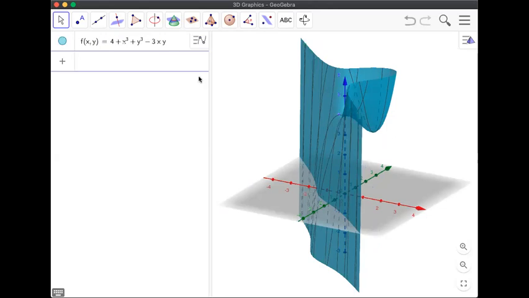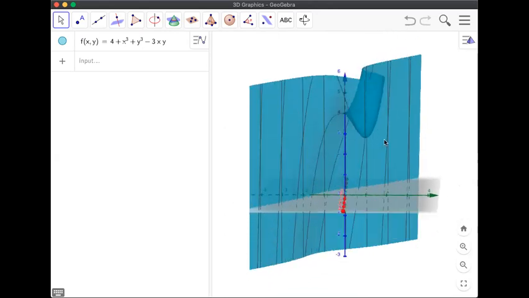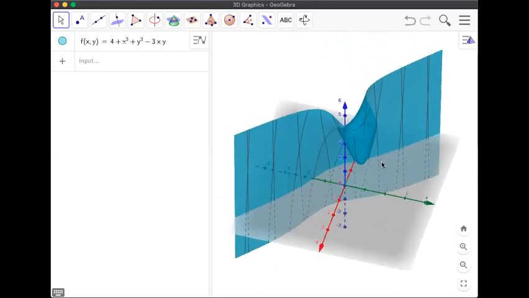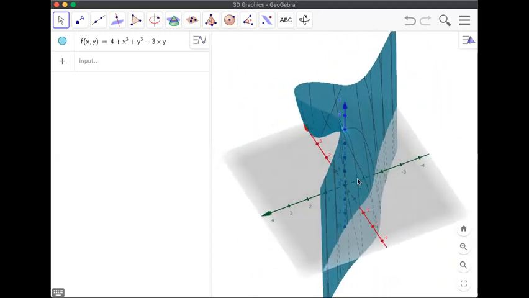So this is it. So we will have here, so there's the saddle point. It says 0, comma 0, but the saddle point, yeah.